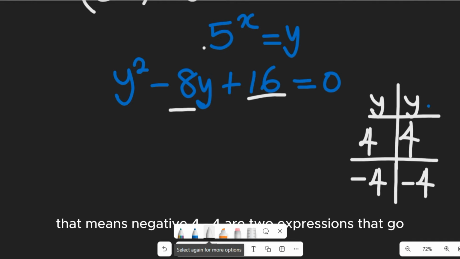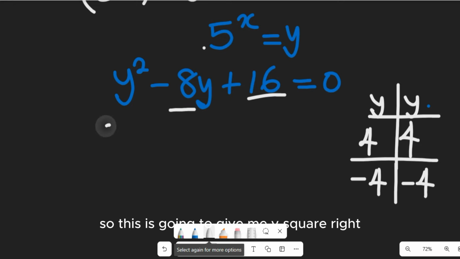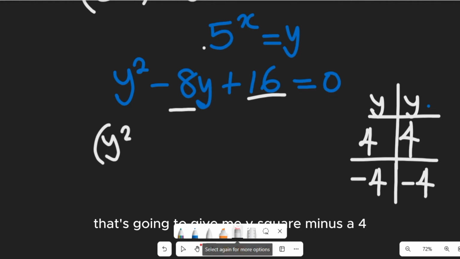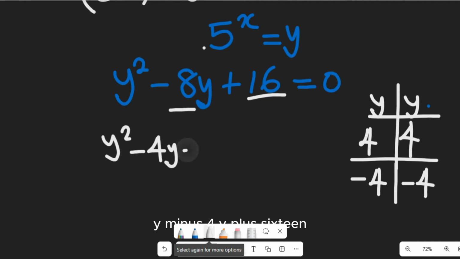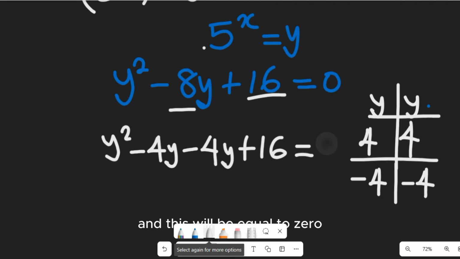So negative 4 and negative 4 are the two numbers that work. This is going to give me y squared minus 4y minus 4y plus 16, and this will be equal to 0.